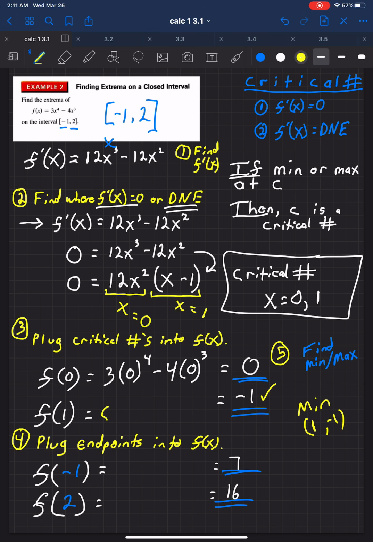See how I'm just taking when x is 1, y is -1. All right, now let's find the maximum, because in a closed interval, you're guaranteed a min and a max. That 16 is the largest value out of all 4 of those. So that means when x is 2, y is 16, that is your maximum.